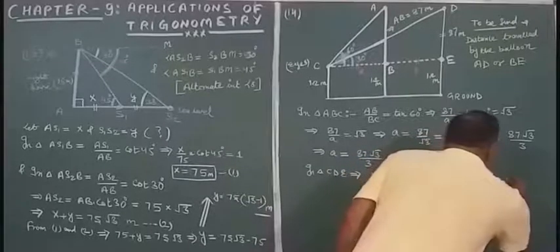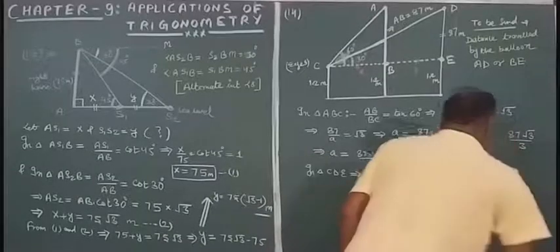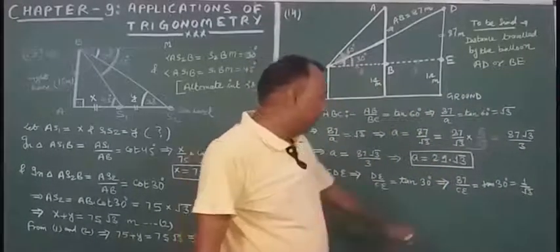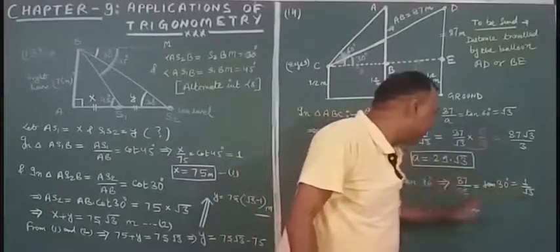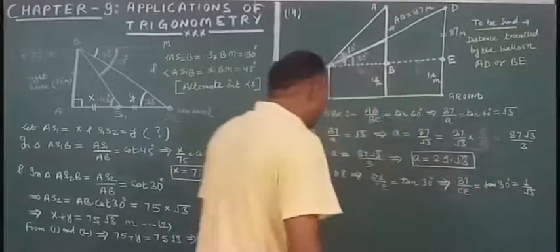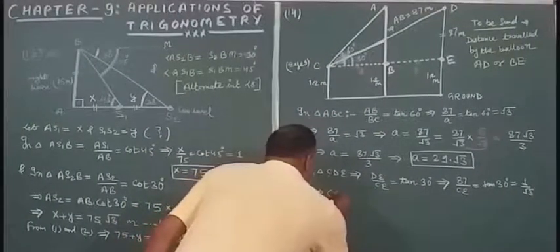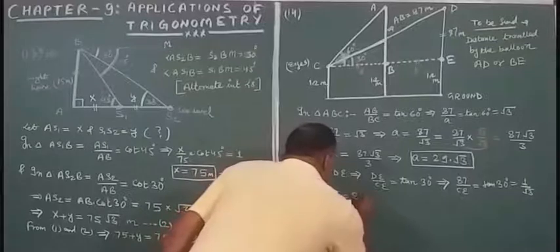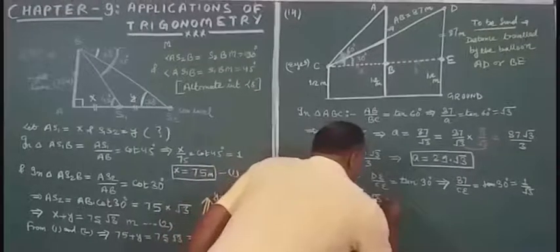And tan 30 is how much? 1 upon under root 3. Now just multiply it. This will be multiplied here and this will be multiplied there. CE is equal to 87 under root 3. Therefore, CE is equal to 87 under root 3.